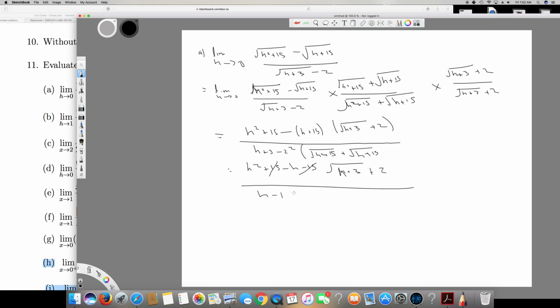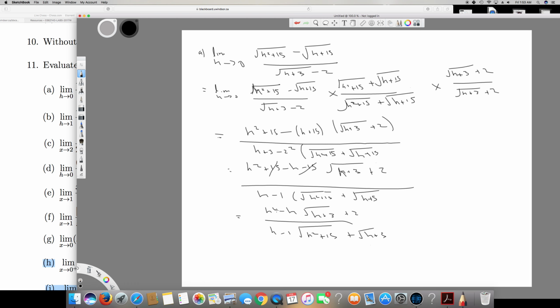H minus 1, and this one is going to be square root of h square plus 15 plus square root of h plus 15. So since I have this one right here, h square minus h, square root of h plus 3 plus 2 over h minus 1 square root of h square plus 15 plus square root of h plus 15.